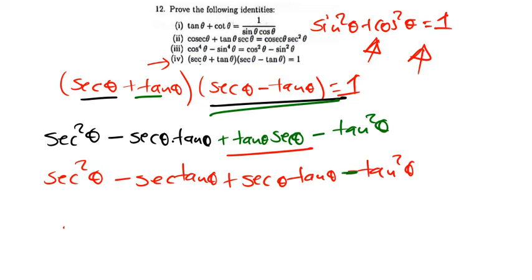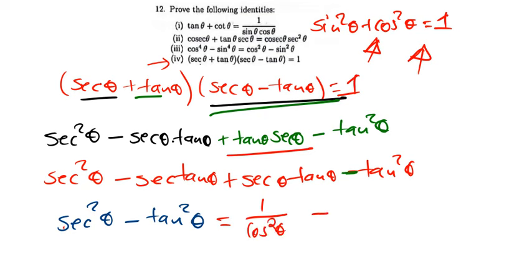So on the next part, we can remain with secant squared of theta minus tangent squared of theta. Now, where are we? Let's get secant squared of theta is 1 over cosine squared of theta. And then minus tangent squared is the same as sine squared of theta over cosine squared of theta.